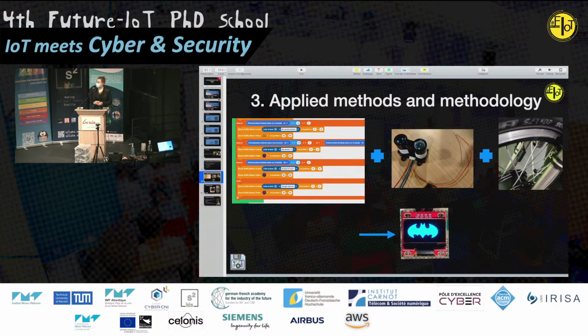So we have this sensor for distance, and we have another sensor called a tachometer or odometer. This sensor counts the number of wheel spins, and with this information we can compute the speed of the bicycle.